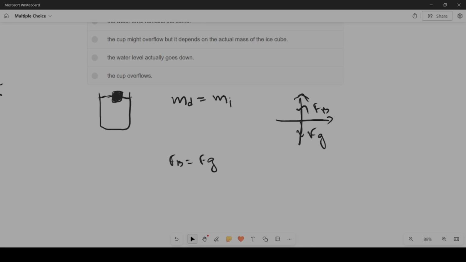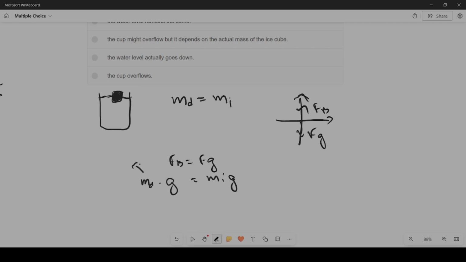Now, force of gravity is just going to be the mass of the ice cube times gravity, and buoyant force is just going to be the mass of the water displaced times gravity.